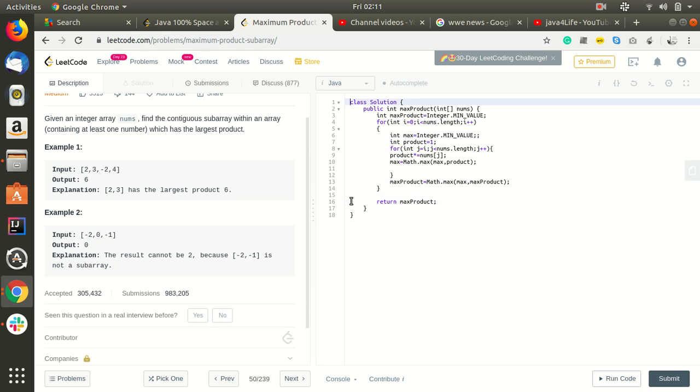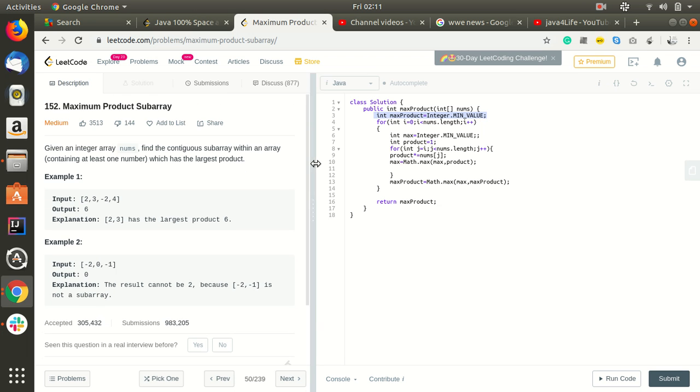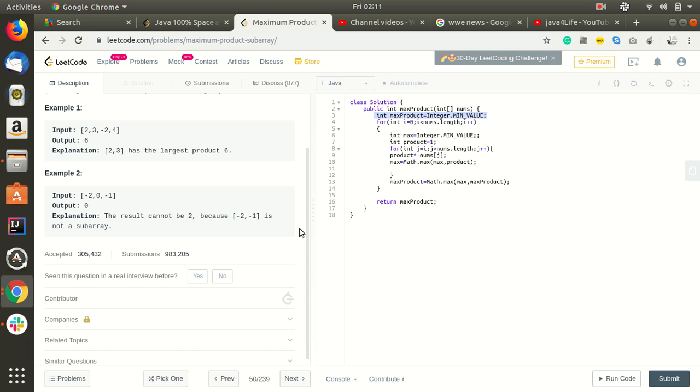So how we have implemented it is, we initialize max product equal to Integer.MIN_VALUE. If you do it by the brute force approach, then we will need 3 for loops.